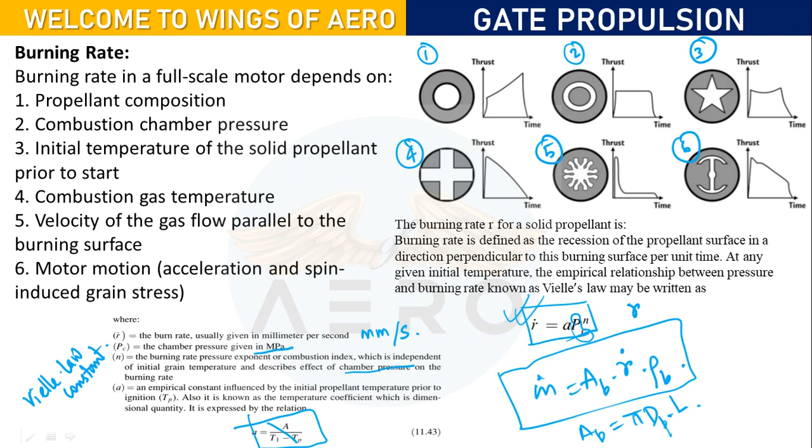Next important point: for this n factor ranging from 3 to 4, R dot ranges from 0.05 millimeter per second to 75 millimeter per second. Note down, this is another important point.